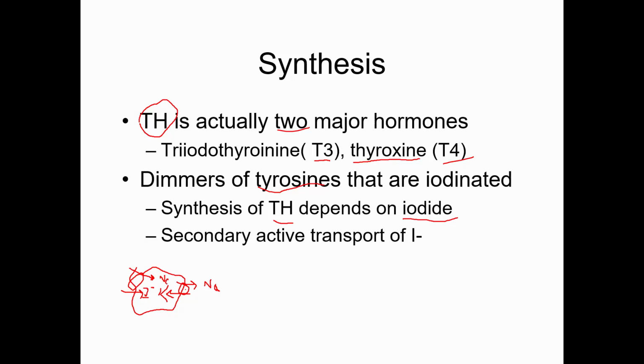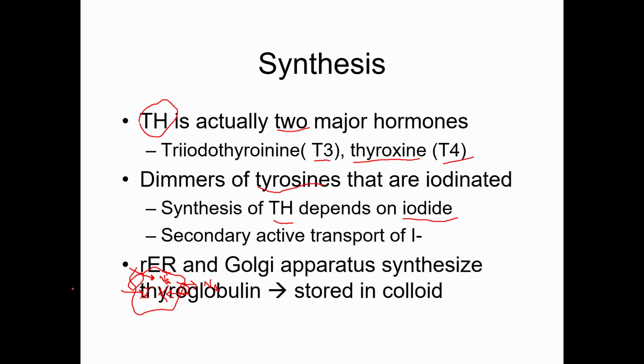And so that would be secondary active transport. The rough endoplasmic reticulum and the Golgi apparatus help synthesize this thyroglobulin, and then it's stored in the colloid.